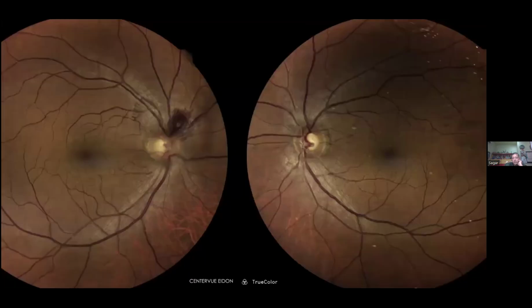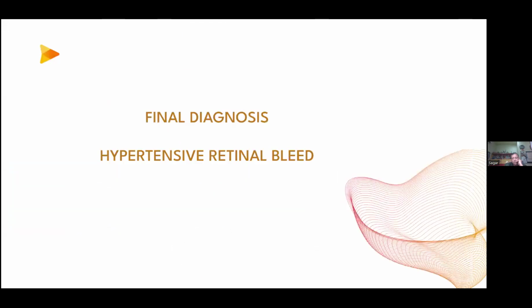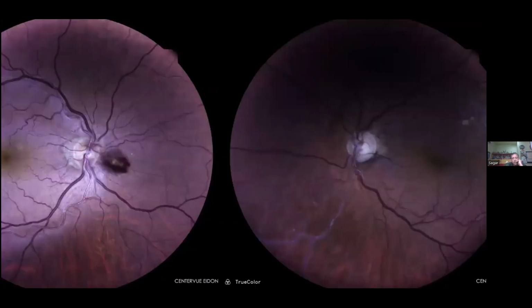So this is the patient I presented in the group earlier, and he had this nice little disc hemorrhage superiorly, and the yellow dots in the left eye there are hyalosis. He was a hypertensive, and he stopped his antihypertensive medication. So this is how his testing looked, everything normal. Sorry, I think I missed a slide here.